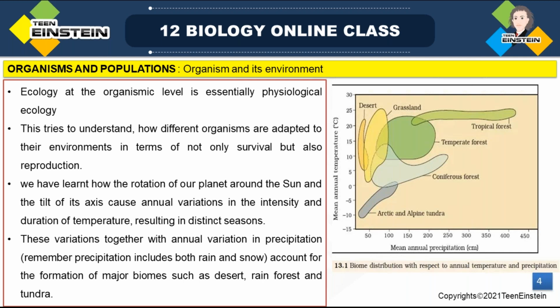You know that our planet Earth is rotating around the sun, right? You have learned all these things in lower classes. This rotation makes annual variations in the intensity and the duration of temperature.